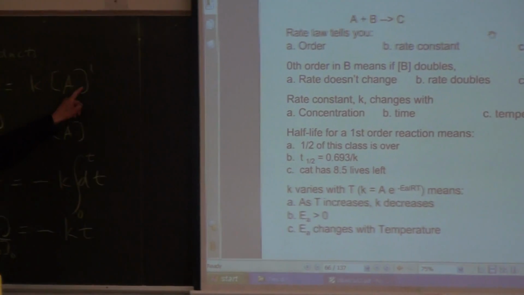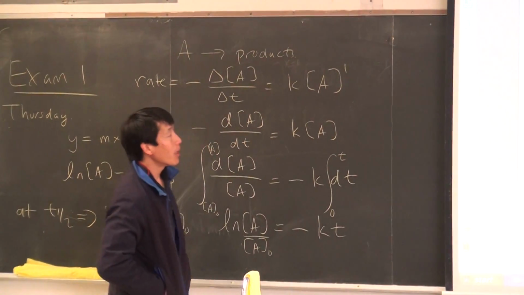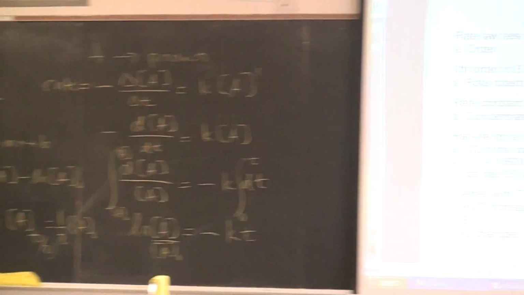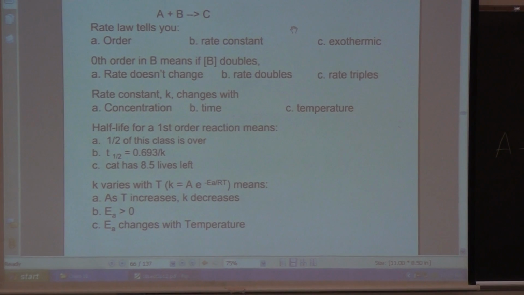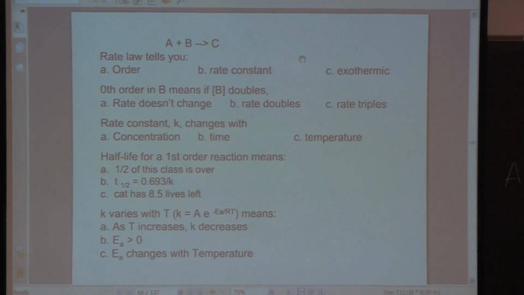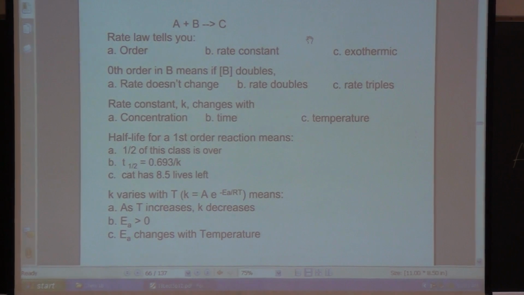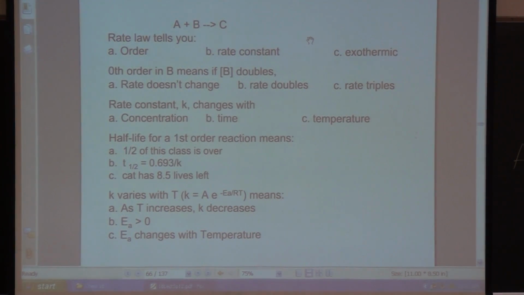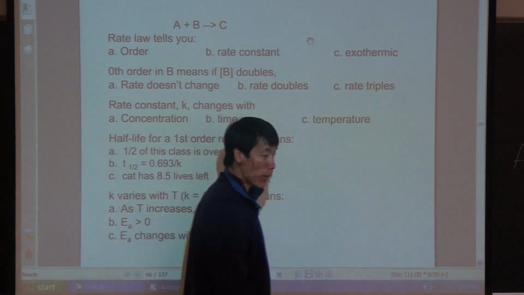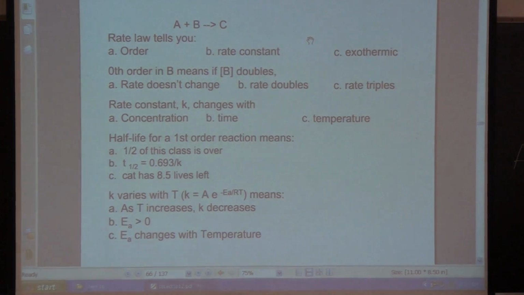This represents the order, and K is the rate constant. Does the rate law tell you whether the reaction is exothermic? Who says C is correct? You're right, it doesn't tell you. The rate law doesn't tell you whether the reaction is exothermic or endothermic. Let's go on to the next question.